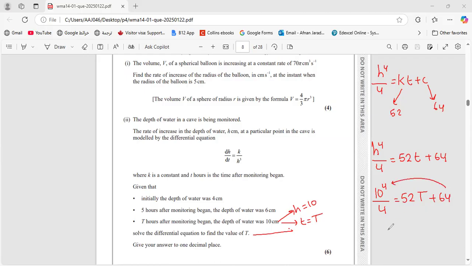So take this one to the side: 10 to the power of 4 over 4 minus 64, divided by 52, equals capital T. So capital T equals 609 divided by 13, which is the value of capital T.